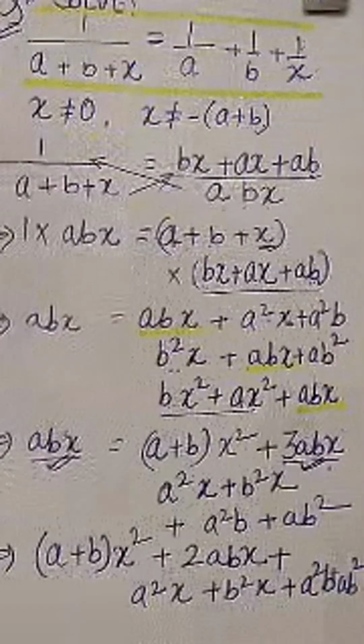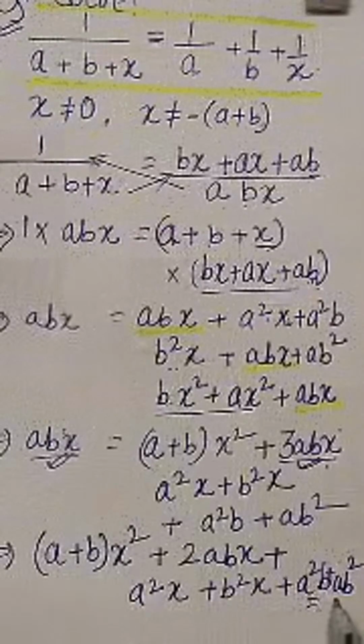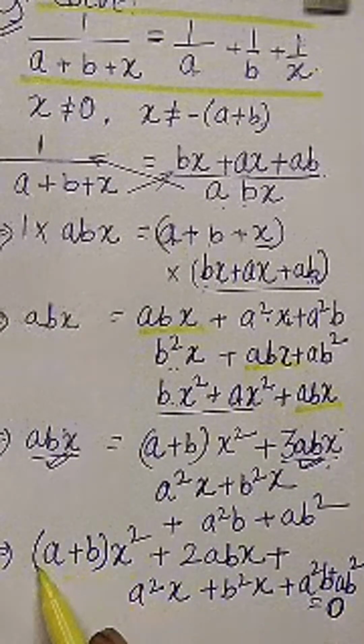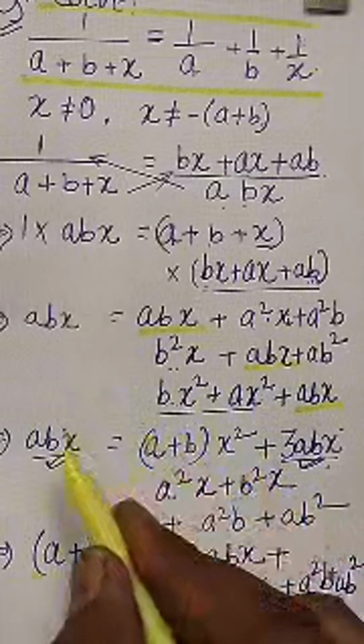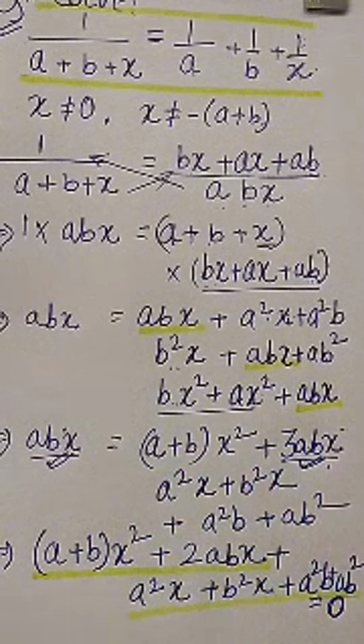I hope you understand this step. All this is equal to 0, because we have shifted this entire term from RHS to LHS. So this is the equation in front of us.